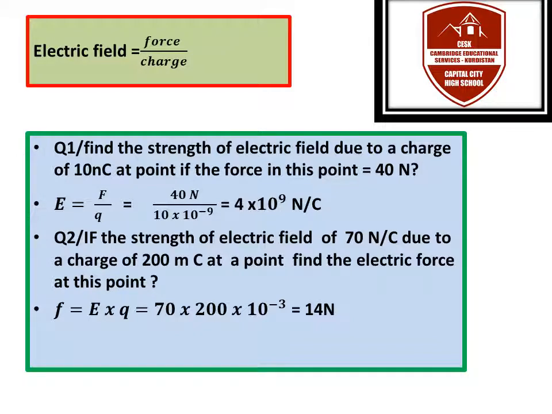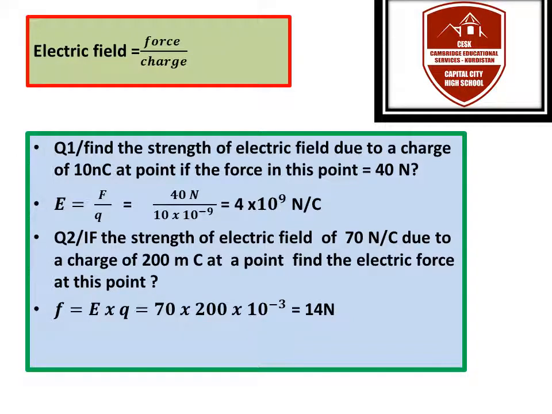So here, what is given: electric force 40 Newton and charge 10 nano. If you remember, we need to convert this nanocoulomb to coulomb, by times 10 to the power negative 9.